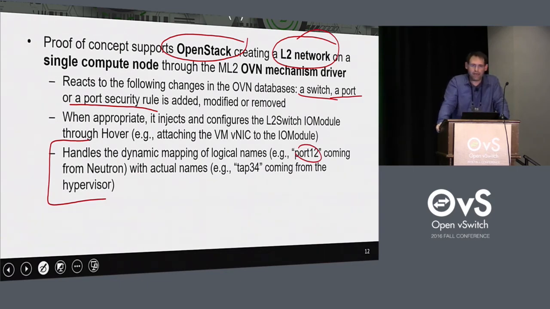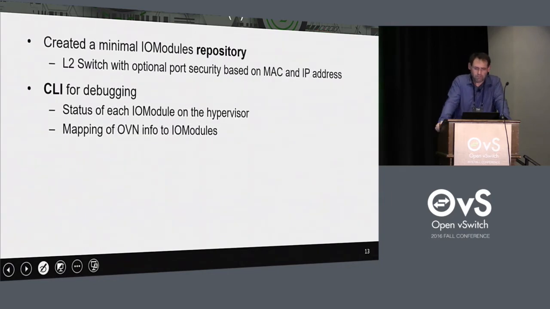And then the information that comes from the bottom that says, OK, the actual name of this port I created on the hypervisor is called tap 3.4, and then you have to map and understand that tap 3.4 is equal to port 1.2. OK, we do that, luckily, so we are able to, in fact, connect the right port to the switch.